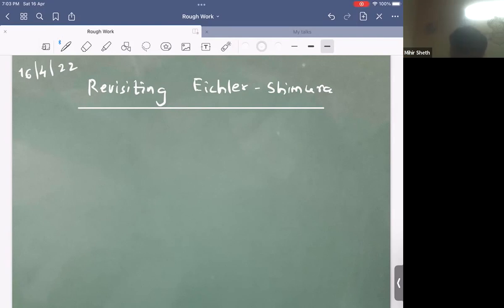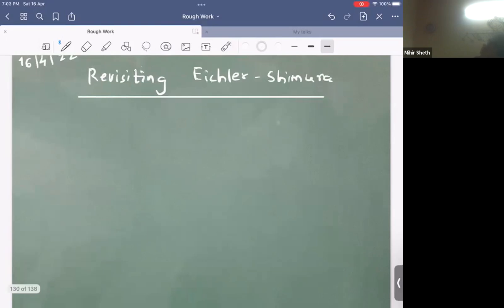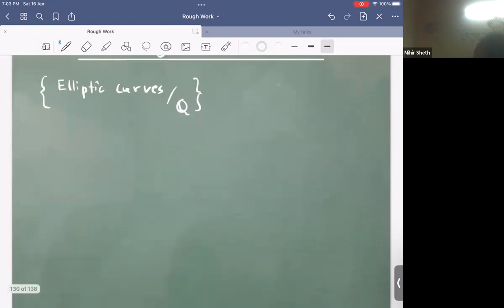Okay, so throughout this program, we have learned that these two objects are essentially the same. So which two objects? Elliptic curves defined over Q. Consider the set of all elliptic curves defined over Q up to isogeny.